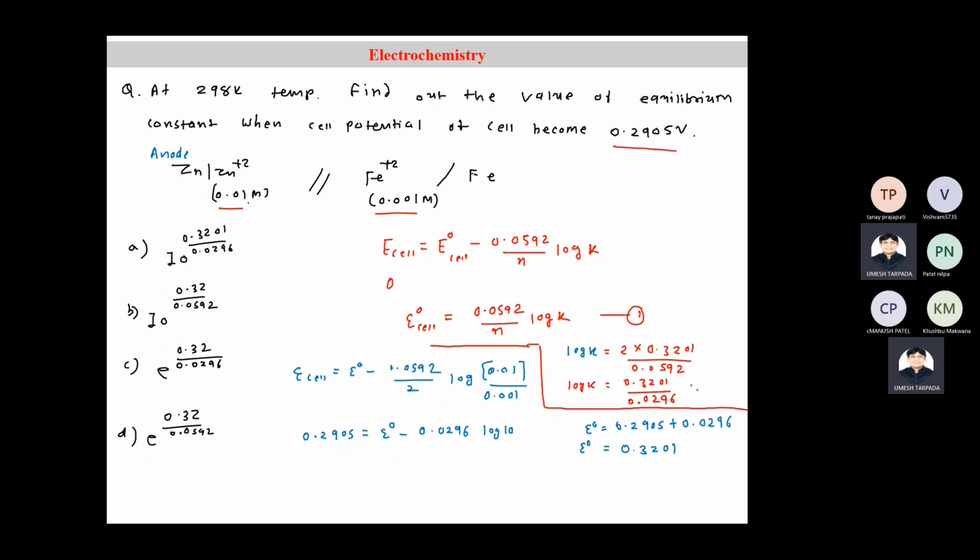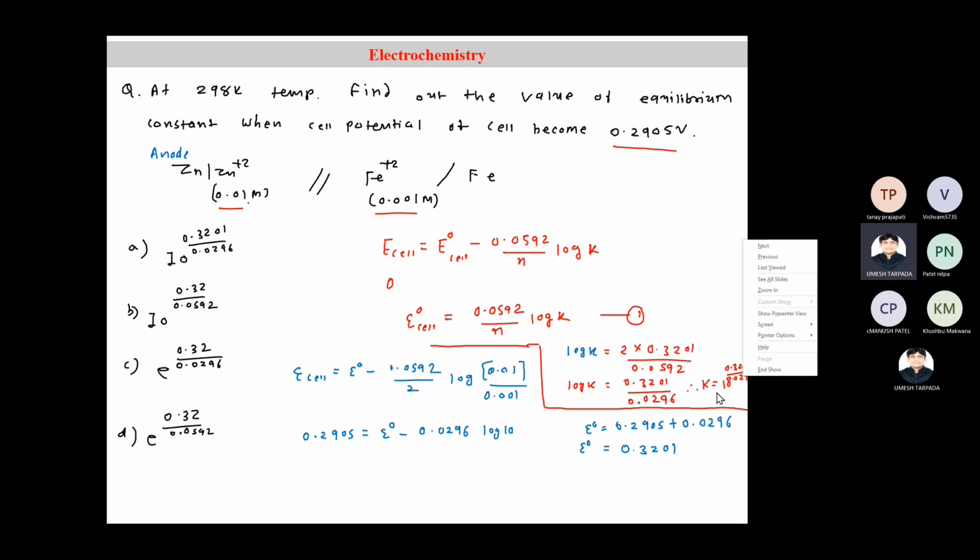Therefore K is equal to 10 to the power, taking the antilog: 10 raised to 0.3201 divided by 0.0296. In this way you are getting the K value.